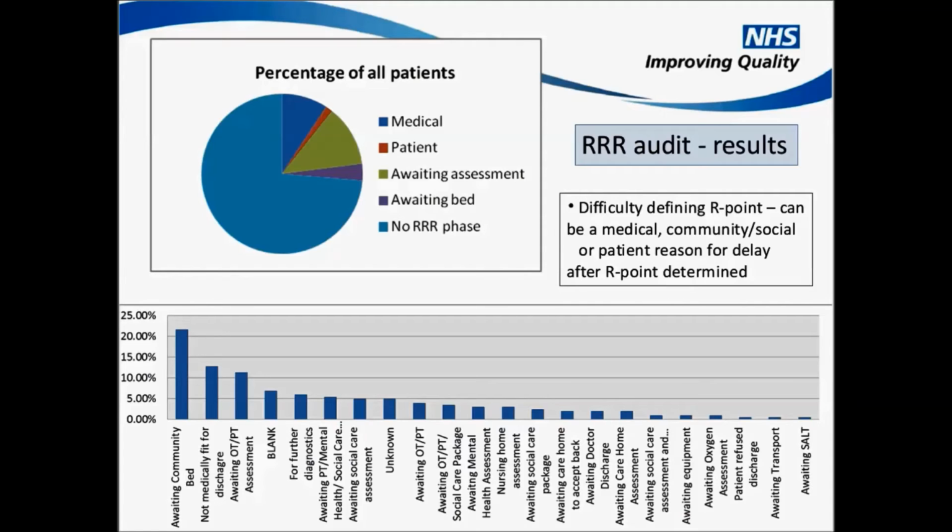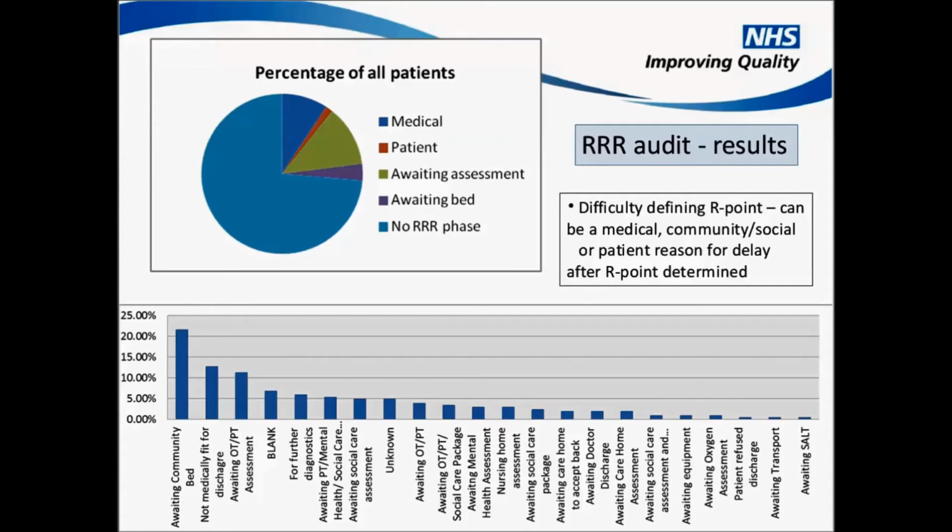If we look at the pie chart, you can see that about 3/4 of the patients, the clinical audit found, had no RRR need. They were discharged, or no RRR phase was spent in acute hospital. So they were discharged without requiring any RRR, or they received all of their RRR services outside of acute hospital.